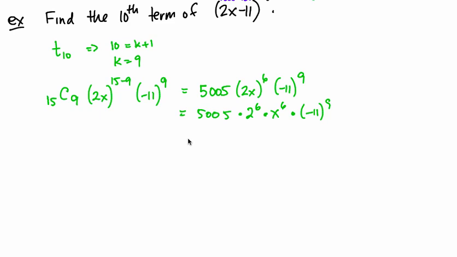Give myself a little bit more room here. 2 to the 6 is 64, and negative 11 to the power of 9 is negative 2,357,947,691. It's a huge number, and then simplifying all of this out gives me this massive number.